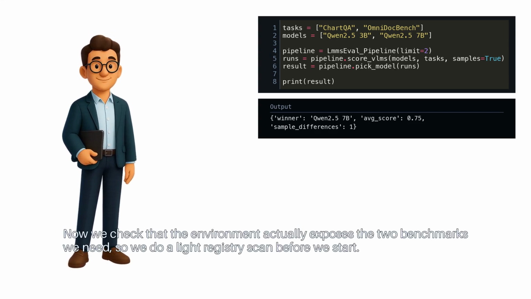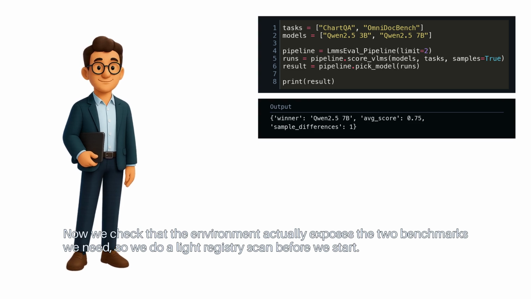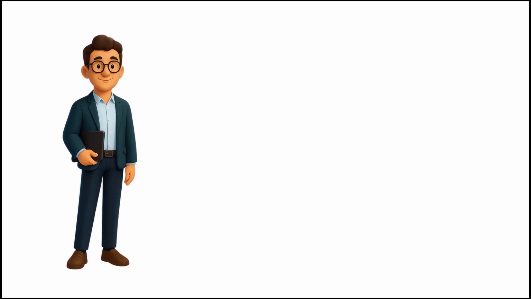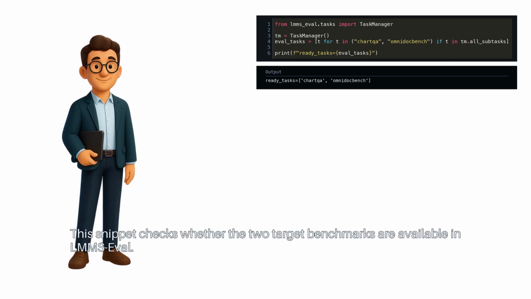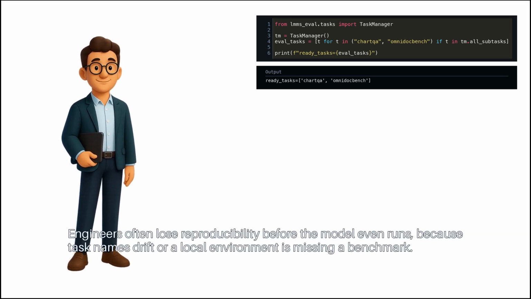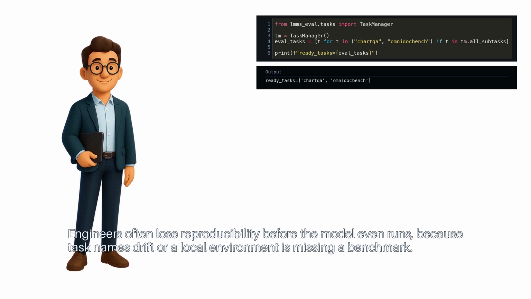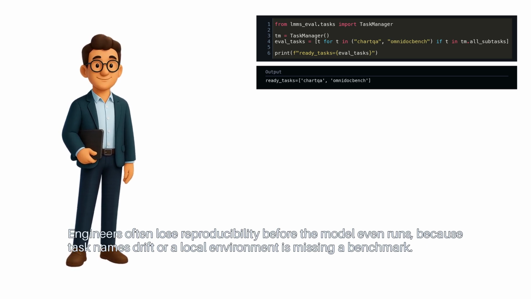Now we check that the environment actually exposes the two benchmarks we need, so we do a light registry scan before we start. This snippet checks whether the two target benchmarks are available in LMMS-Eval. Engineers often lose reproducibility before the model even runs because task names drift or a local environment is missing a benchmark.